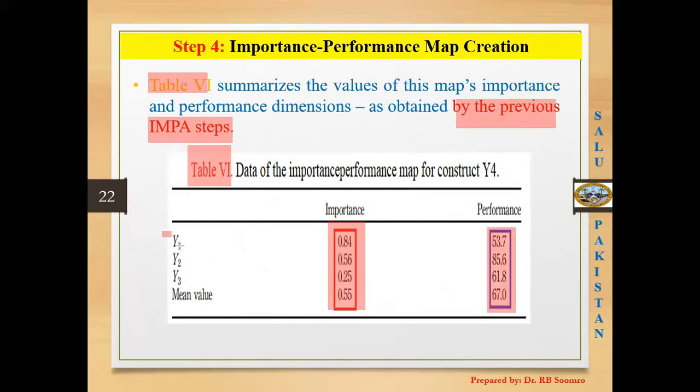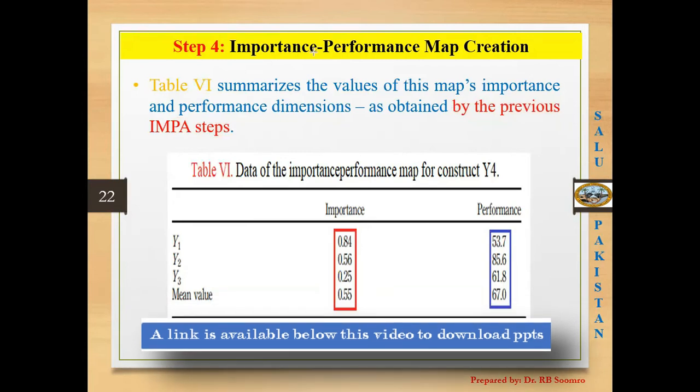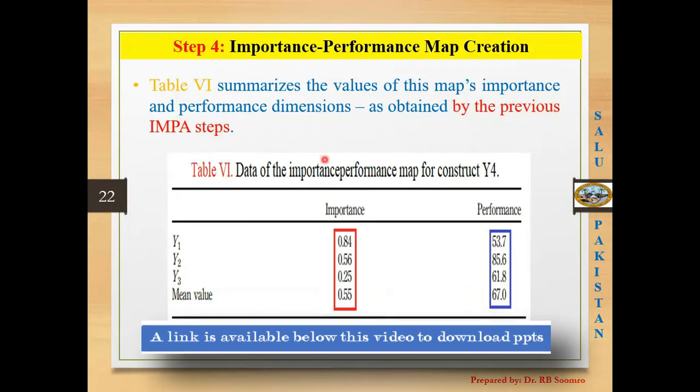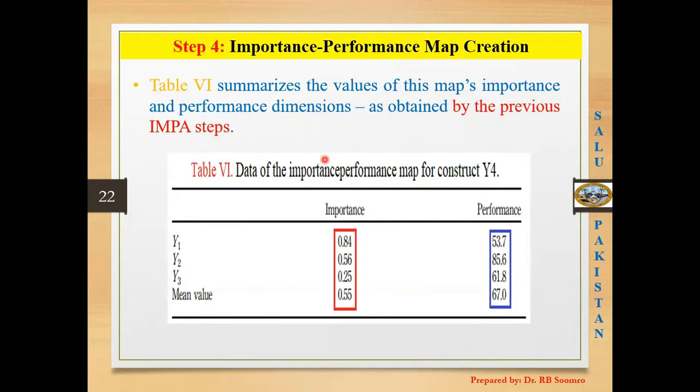These values are for Y1 to Y3, but there is no value for Y4 because Y4 is our target construct, and Y1 to Y3 are our predecessors. This is the mean value of all these.